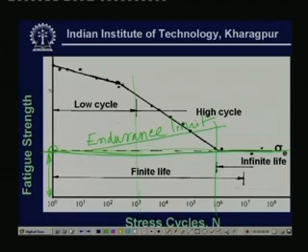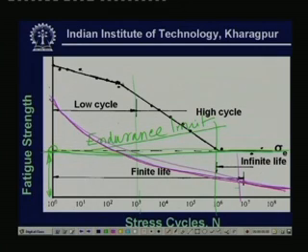I am just trying to show you some behavior like this. I am sorry, it is going to this. Anyway, this is a schematic view, something like this. That means you can see there is no definite endurance limit present for that one.